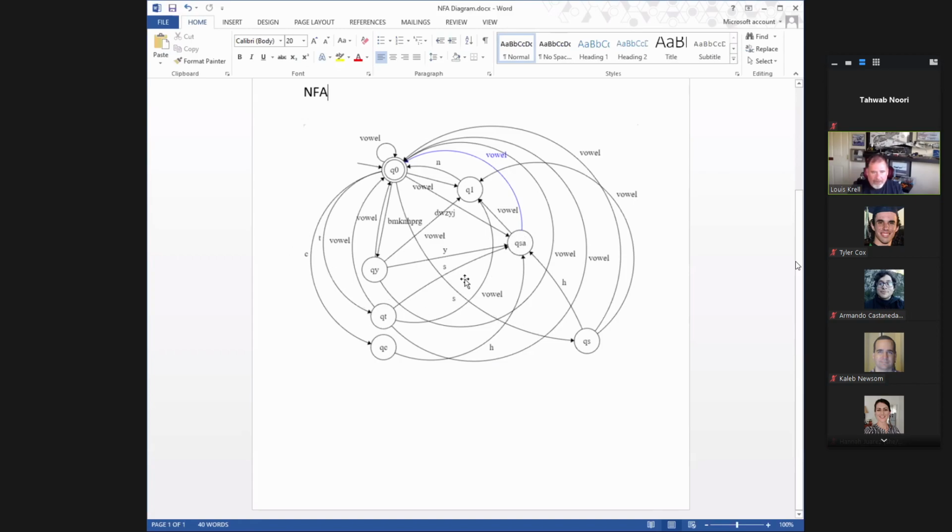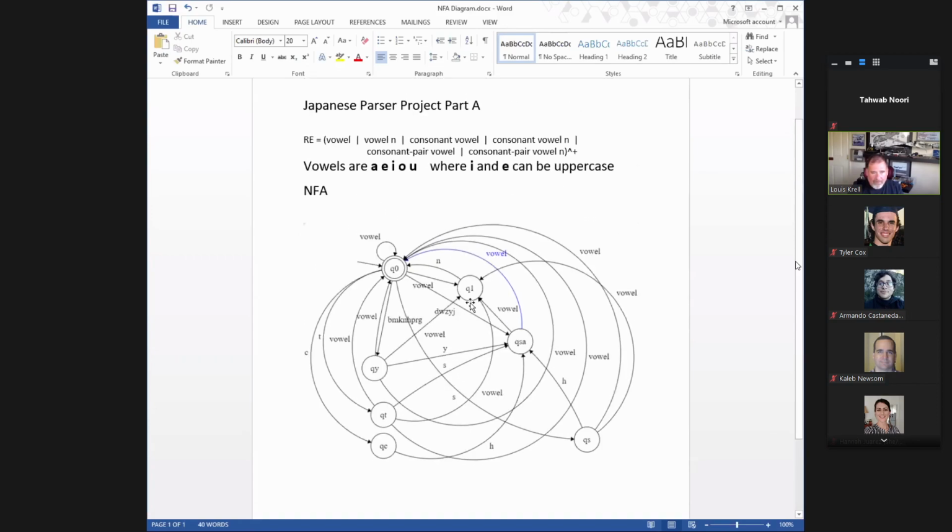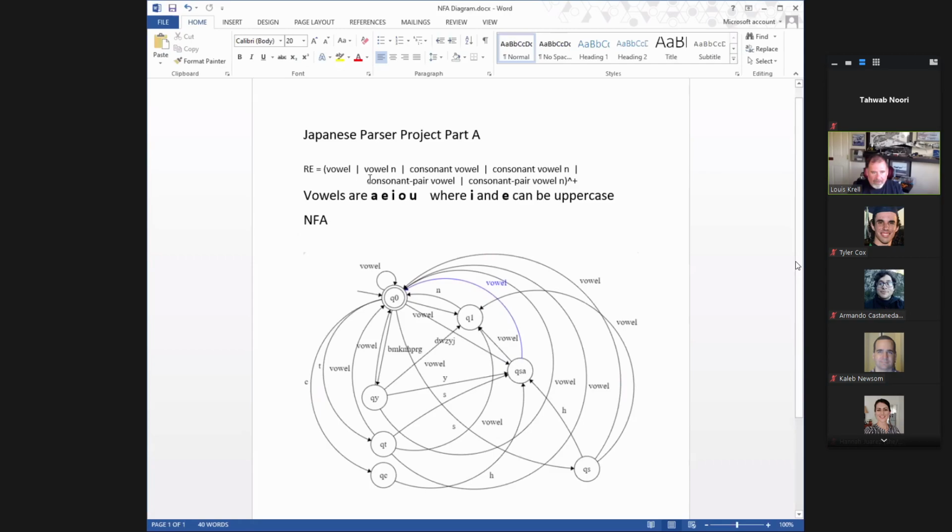And the reason it can go directly to state Q1 is because the consonant pair might have a vowel and then go to the accepted state, or the consonant pair might have a vowel then followed by an N. So the T, from Q0 on a T, we get to QT, which is a valid consonant.